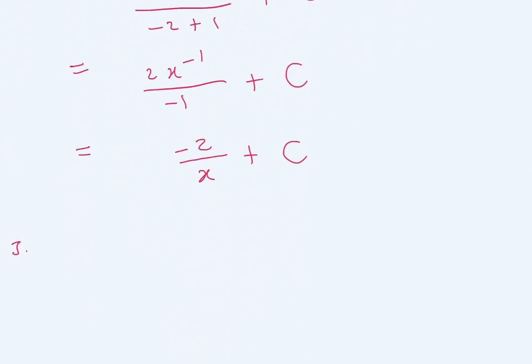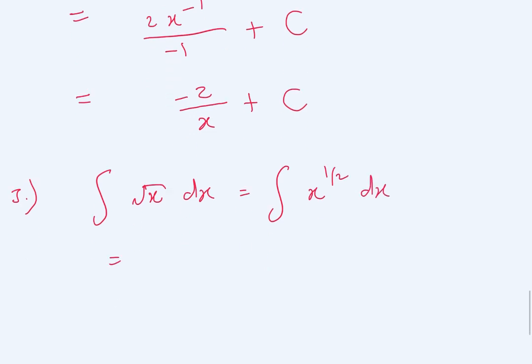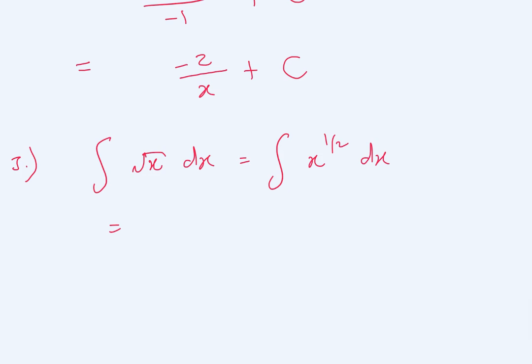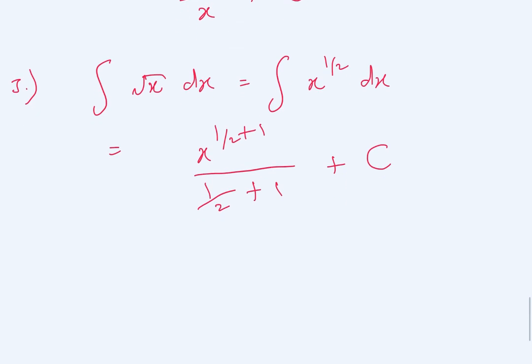Number 3, we are integrating the square root of x with respect to x. Again, we have to write this in standard form first. So we're going to write it as the integral of x to the power of half, because the square root of x is the same thing as x to the power half, with respect to x. And we apply the formula. So that's x to the half plus 1, divided by half plus 1, plus the arbitrary constant c.